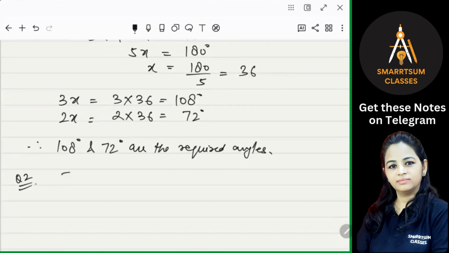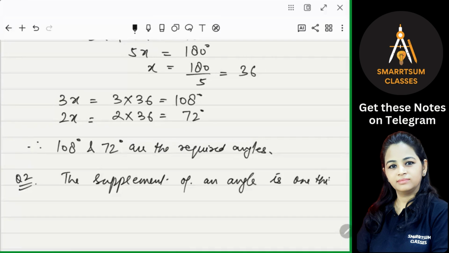2. The supplement of an angle is 1/3 of the given angle.